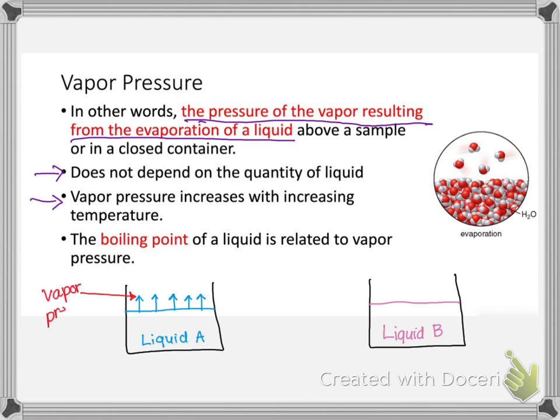So as the liquid escapes into the gas phase, it creates a pressure. And so that's how I'm imagining it, is that liquid escaping into the vapor and creating a pressure as it escapes. Now, my liquid B is a different liquid, same amount. They can even be at the same temperatures. And this is my liquid B. And so it's also escaping, and my little arrows here, this is creating a pressure. That's my vapor pressure for liquid B.